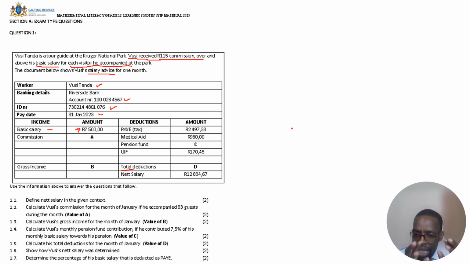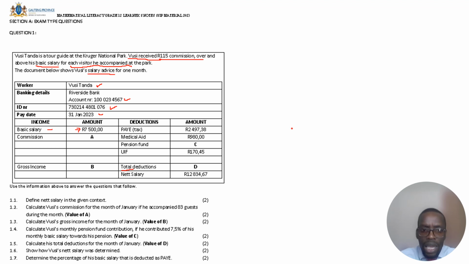We would have added all the deductions. Now you need to understand this language, dear learners. When the examiner says total, it means it's after adding everything up, after summing up everything. Okay, that's what the word total means. When we say difference, we are saying you subtract. So difference, you subtract. Total, you are adding up.